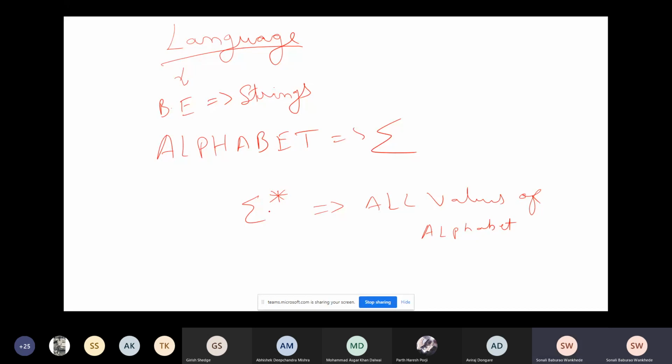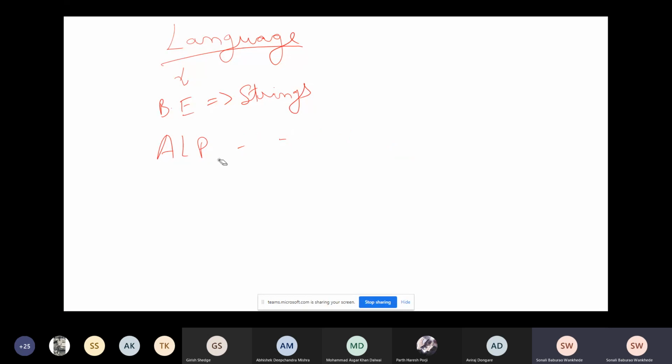Now there are a few examples. For example, the empty set. We denote an empty set by phi. It is a language over an alphabet. And for that, how do we denote the empty set?